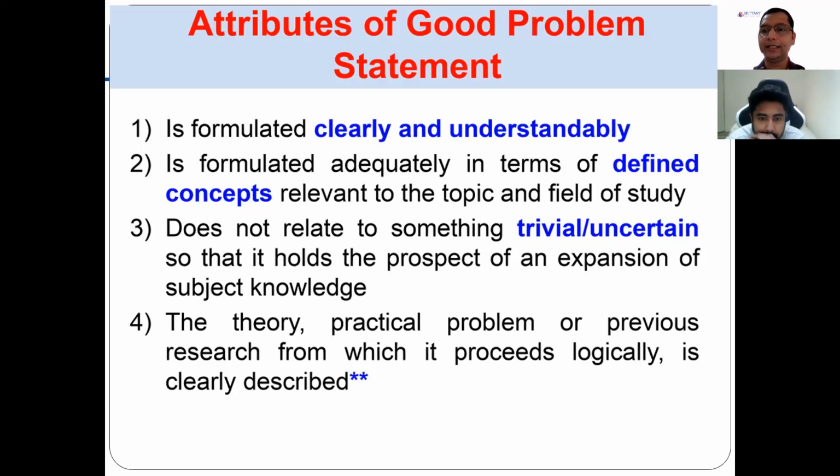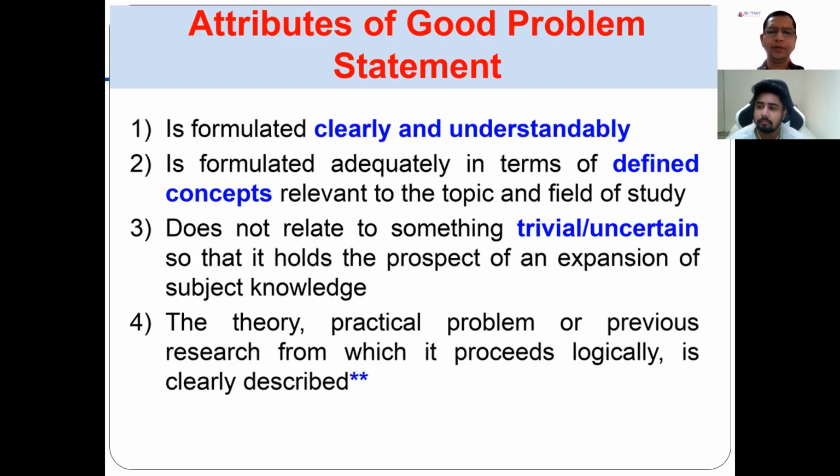When you write a problem statement, just now I showed you some examples that have many references. So you also need to give many references to show more credibility of your problem statement. It doesn't relate to something trivial or uncertain. So you cannot say maybe. Uncertainty, you cannot put it there.